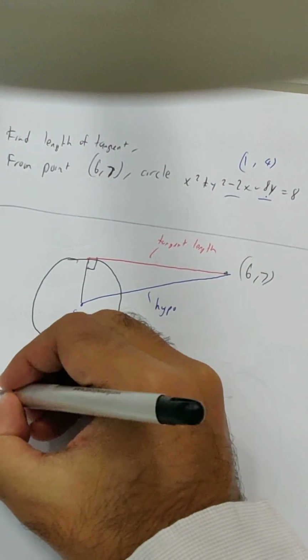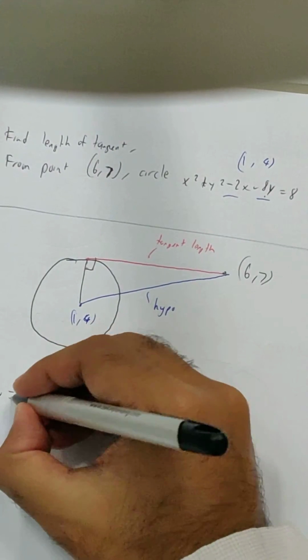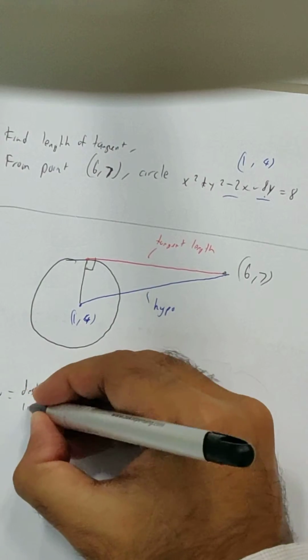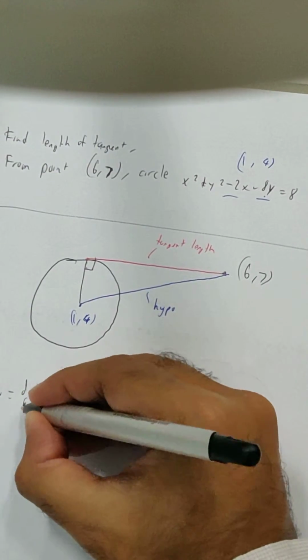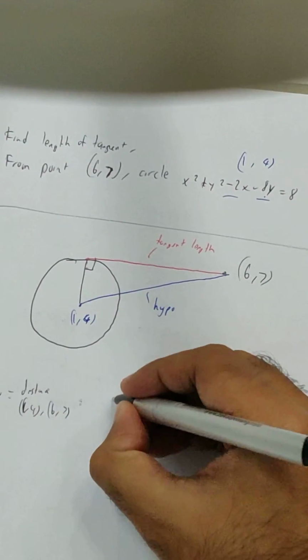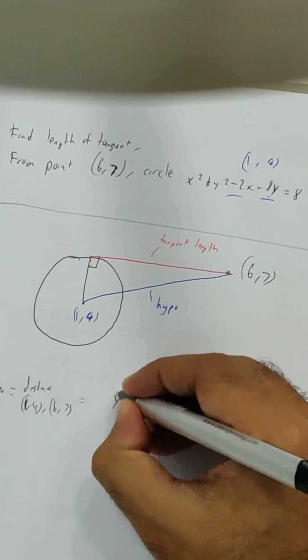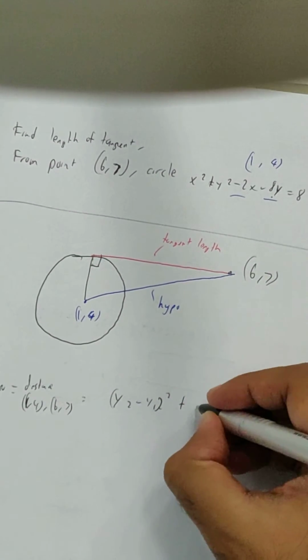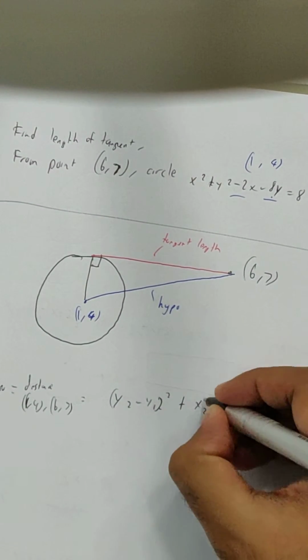In this case, I want to find the hypo, distance between 2 points. Distance between (1, 4) and (6, 7). The formal way is y2 minus y1 squared plus x2 minus x1 squared.